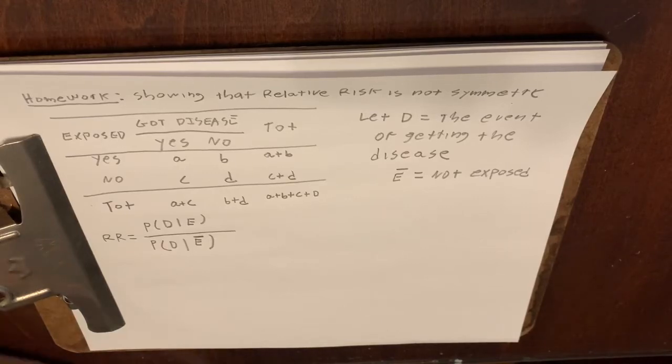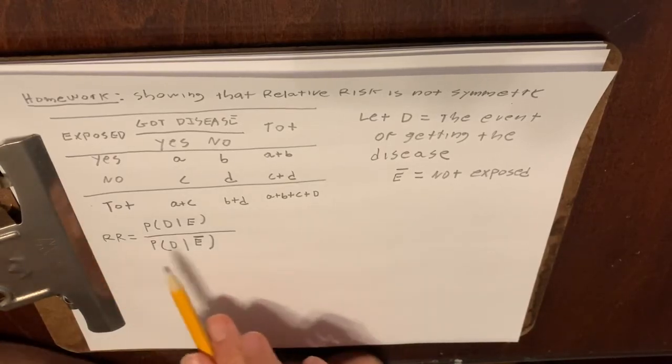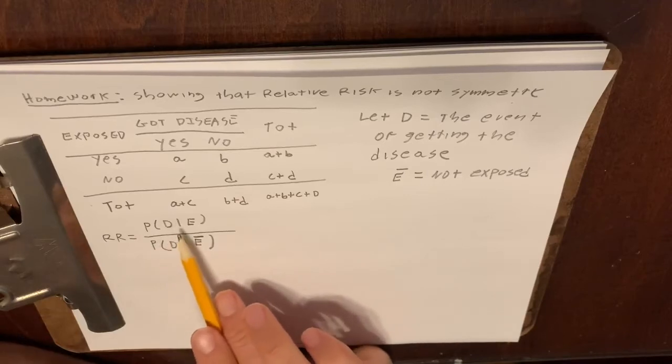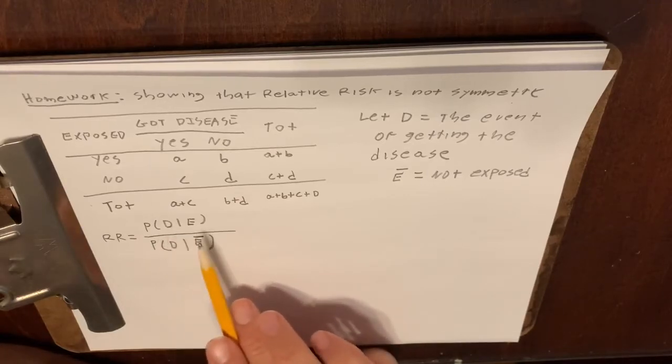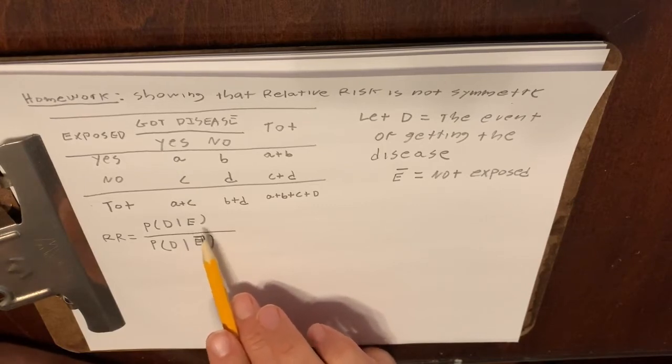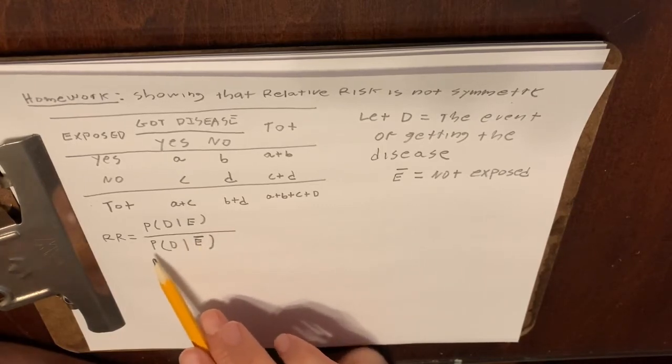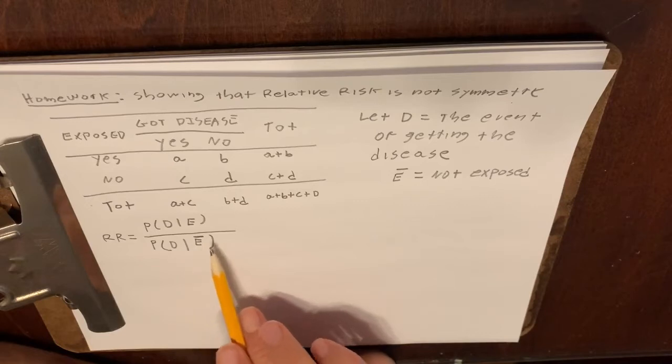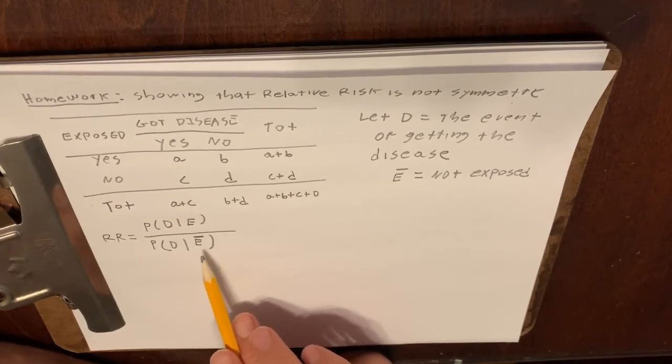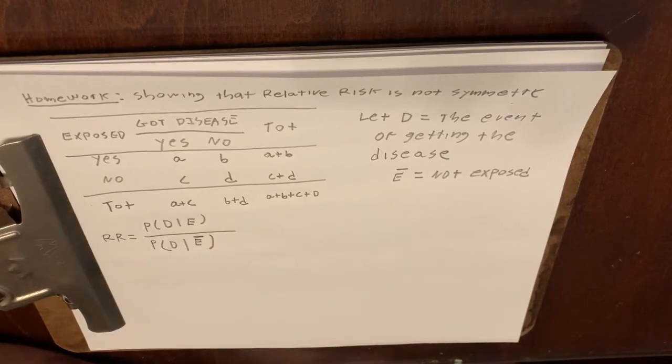So it makes sense, the relative risk, you're comparing the probability of getting the disease given that the subject was exposed or will be exposed compared to the probability of getting the disease given that we know the subject won't be exposed. So this is really what the true relative risk is.